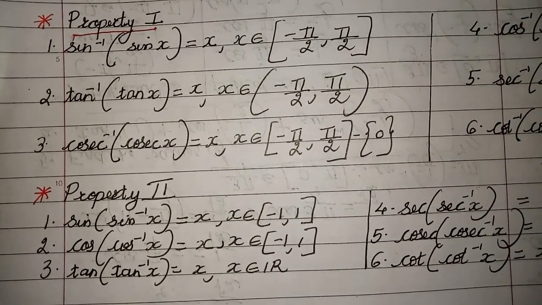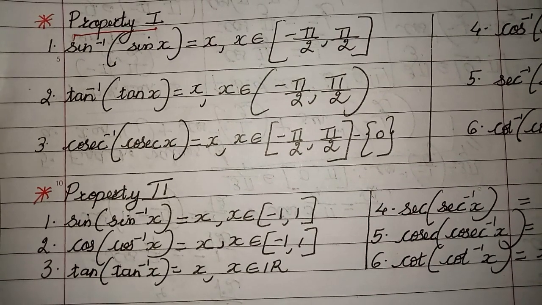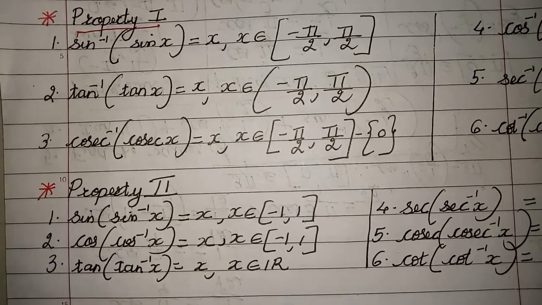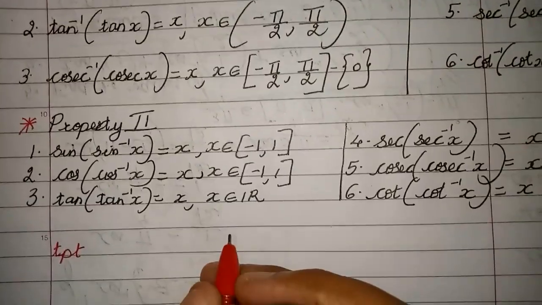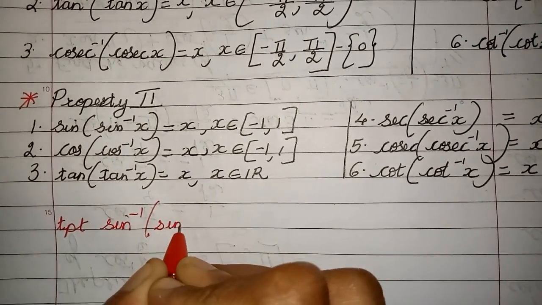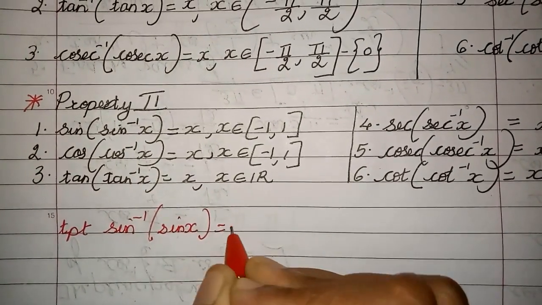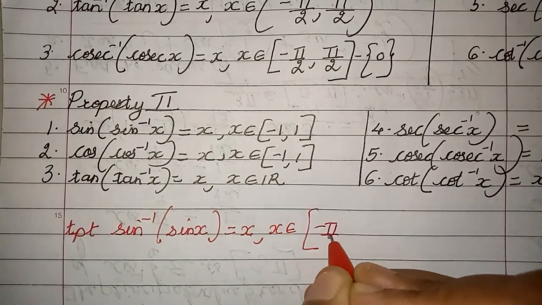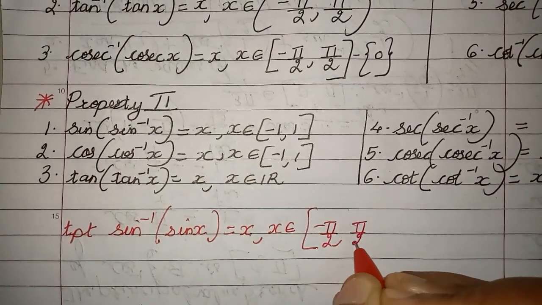Let us prove sin inverse of sin x is equal to x. Alright children, what I am going to prove is that sin inverse of sin x is equal to x, where x comes from the closed interval minus pi by 2 to pi by 2.